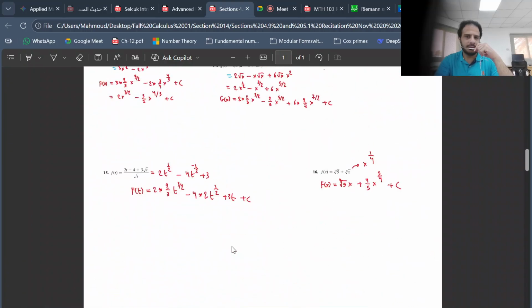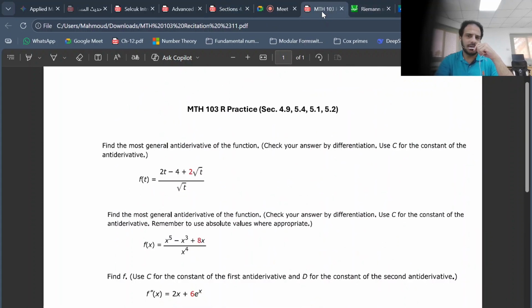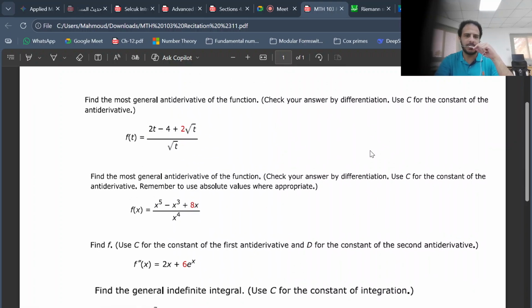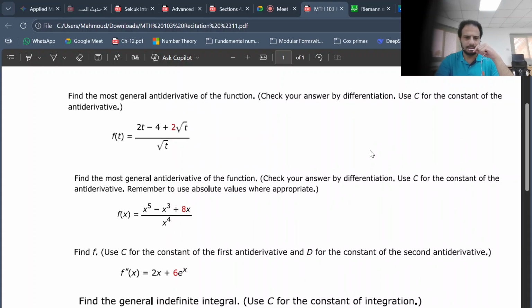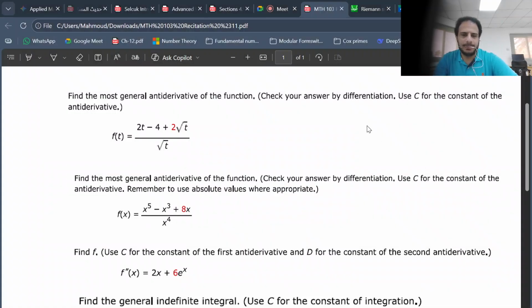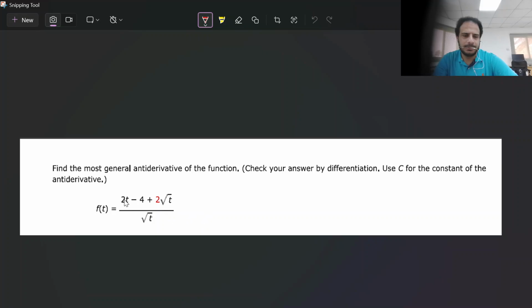Let's solve the problems from here now. She sent me these problems, so let's solve them. Who wants to help me solving this one?